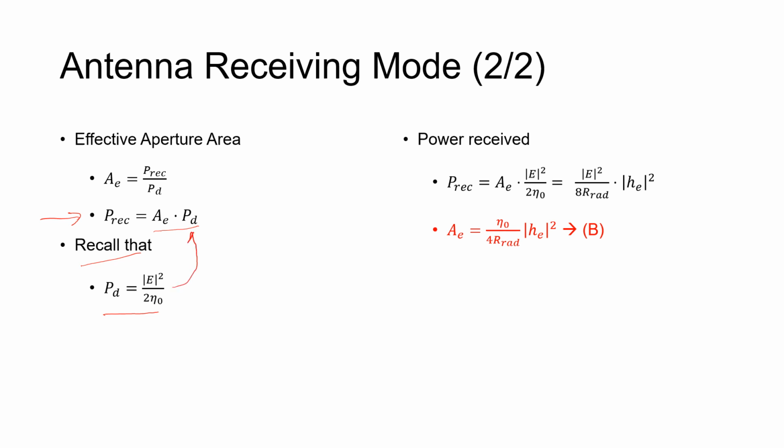We substitute here, then we will get the equation on the other side. And from the previous slide, we have another equation that relates the power received with the effective length. And then comparing the two equations together, we can simplify that the effective aperture area is also a function of the effective length.